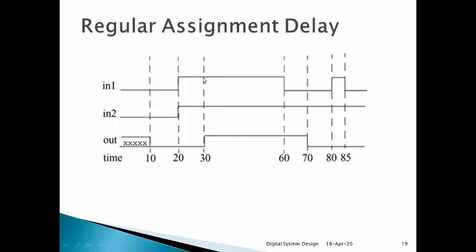Here you see that at time 60 input 1 goes to 0 while input 2 is equal to 1, so the AND operation of these two inputs is 0, but at time 60 the output is still 1 due to the 10 time units delay.